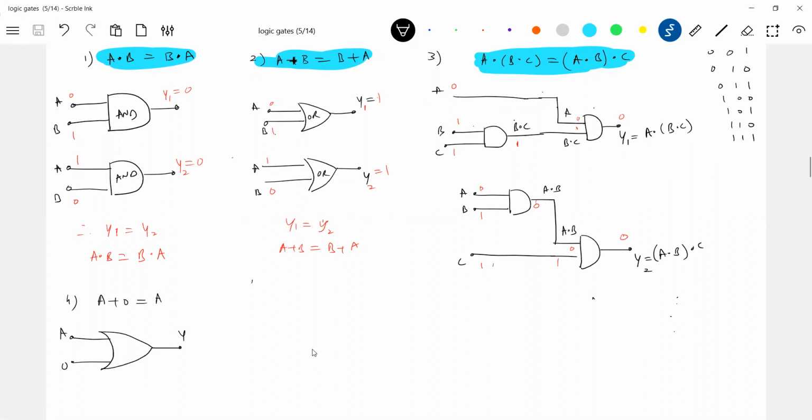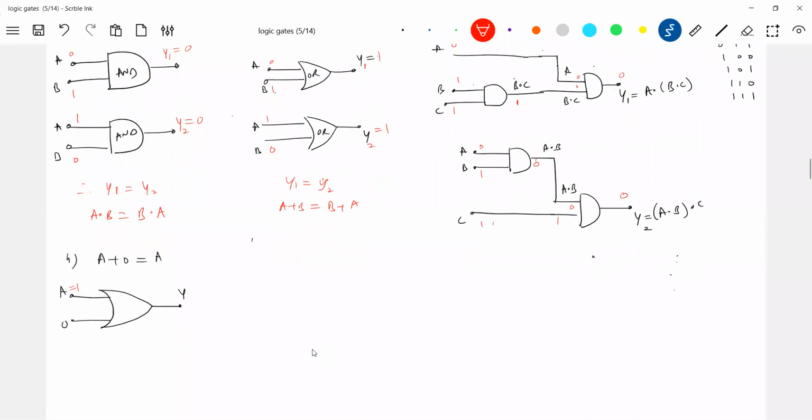I think I'll try to explain like this. You make A 1. Then how much will Y be? 1 plus 0 will be 1. Next again, we'll do the same thing. Now I'll make A equal to 0. I'll make A as logic 0. 0 plus 0, Y will be 0. Now look at the output Y. Output Y depends on what?